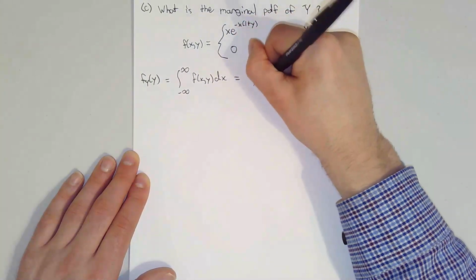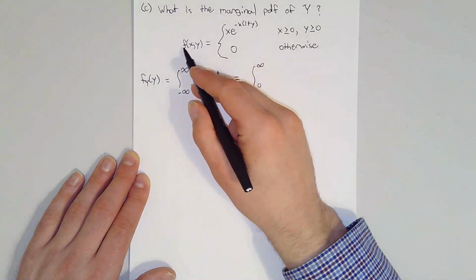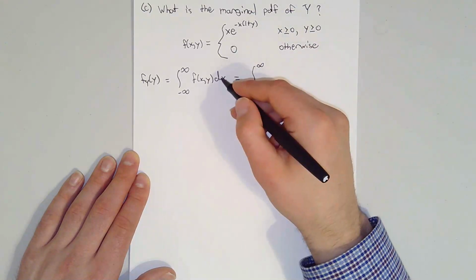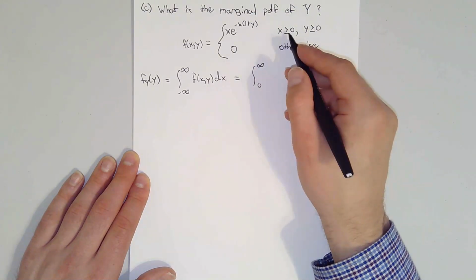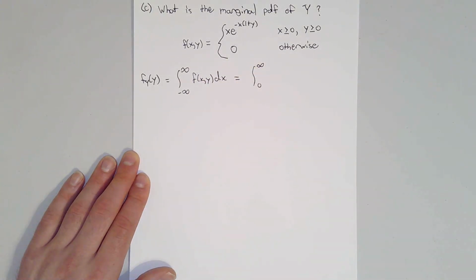This also simplifies to the integral from 0 to infinity, because again, f has support that's only in the first quadrant. So in other words, when x is less than 0, it follows that our joint PDF is 0.